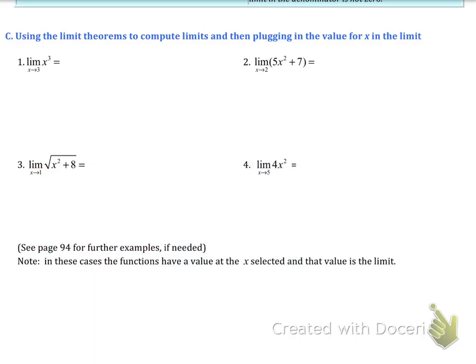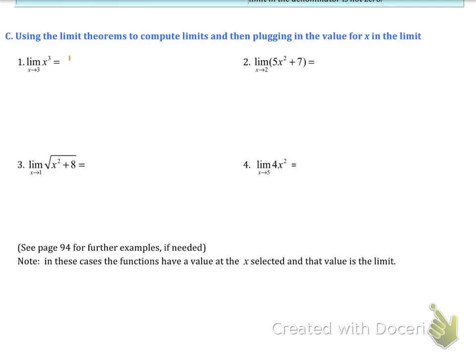Okay, so according to the table that you have above, if I have the limit of x cubed as x approaches 3, then what I can do with that power is apply it to the whole limit now and not just the x to the third.